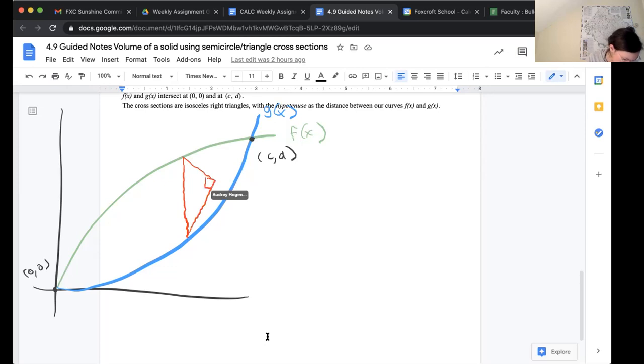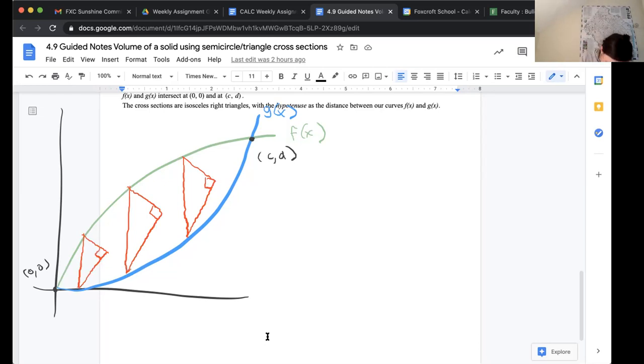I'm going to do another cross section here, and then it's going to be another right angle, kind of like this. And then let's do one more down here, and we're going to have a right angle, kind of like that. My hand is shaking so much. Those lines are so squiggly.